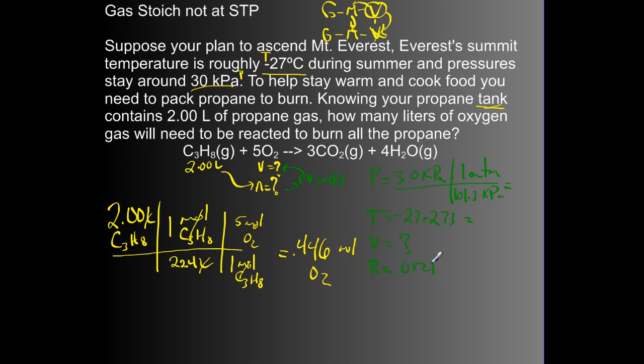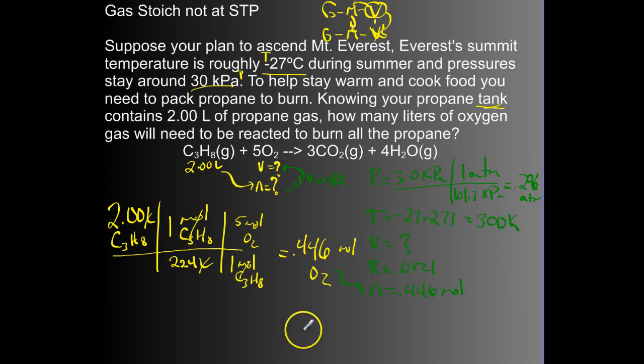And n, we just found, which is right here, 0.446 moles. So real quick, let's solve for pressure and temperature. Solving, we get 0.296 atmospheres, ATM, and then 300 Kelvin.